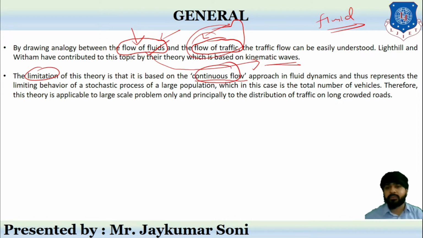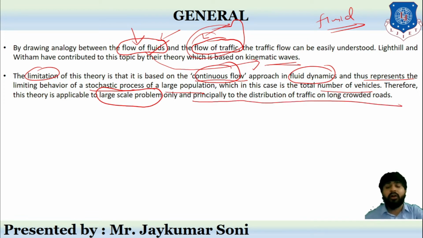Now this continuous flow is observed in fluid dynamics, and it represents the limiting behavior of the stochastic process of a large population, which in this case is the total number of vehicles. What I am trying to convey is that traffic can never be continuous unless larger stretches and long crowded roads are considered. So the limitation of this theory is that it is only applicable where a large scale problem is being studied, and where the principal part is the distribution of traffic on long crowded roads.